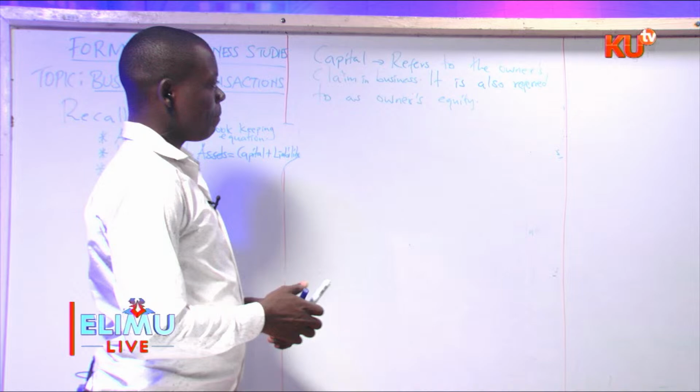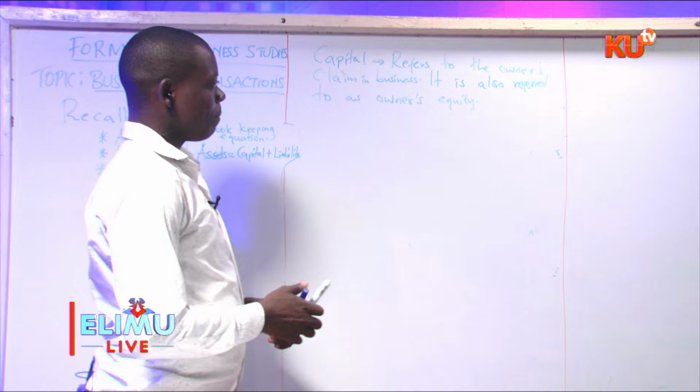Therefore, drawings are resources or cash that is taken from the business by the business owner to meet his or her personal obligations. And so, if they are taken out of the business, students, the effect is that they reduce capital. Drawings reduce capital.